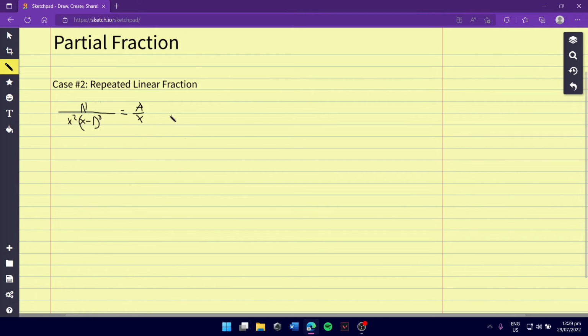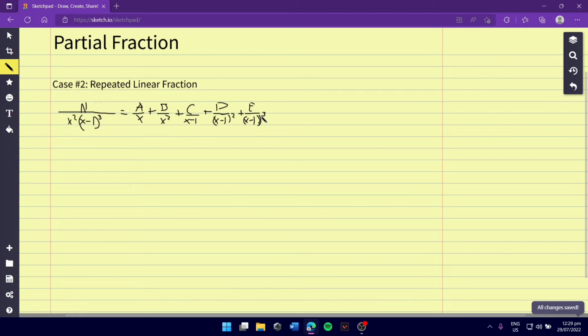Since this is repeated, we have here plus b over x squared. And then your c over x minus 1. Then since this is repeated, we have here d over x minus 1 squared, and then plus e over x minus 1 quantity cubed.